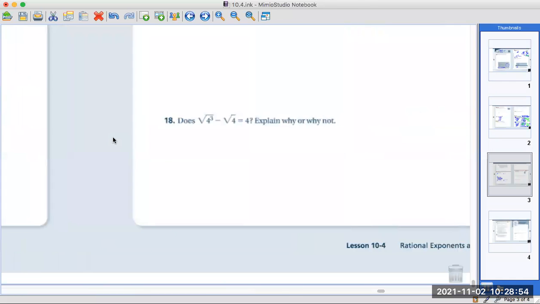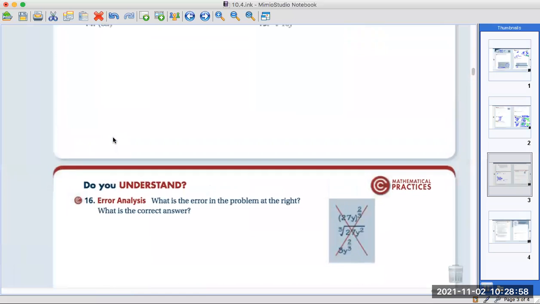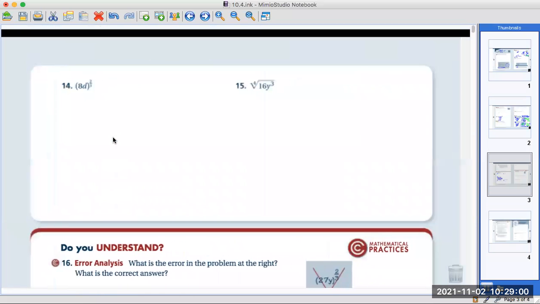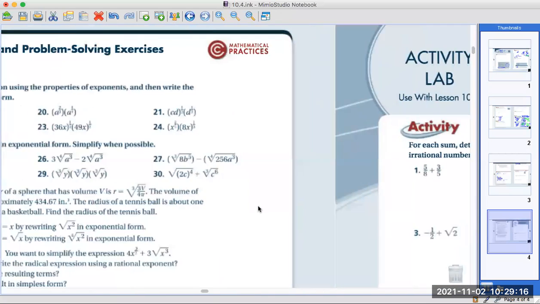And then on the next page, we have nothing. So you can write skip this page, so I don't mark you down when I see your homework. And then on the back page, one more question.